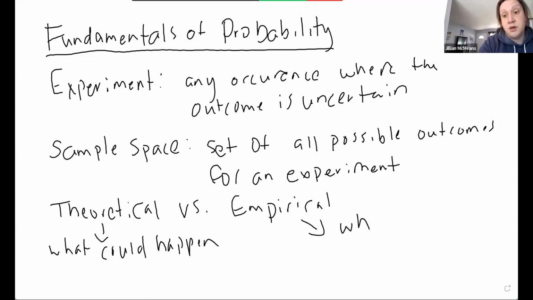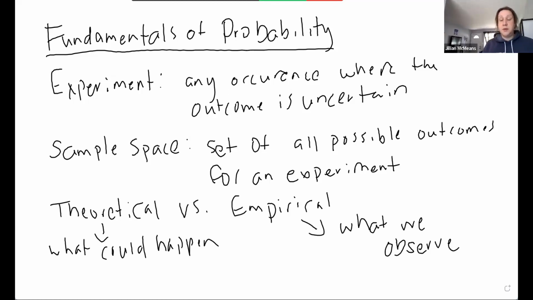Empirical is what we observe. It's what we actually see happen. A lot of times with empirical probability, you'll have data sets, tables with lots of information that was actually observed. Theoretical is like what could happen.